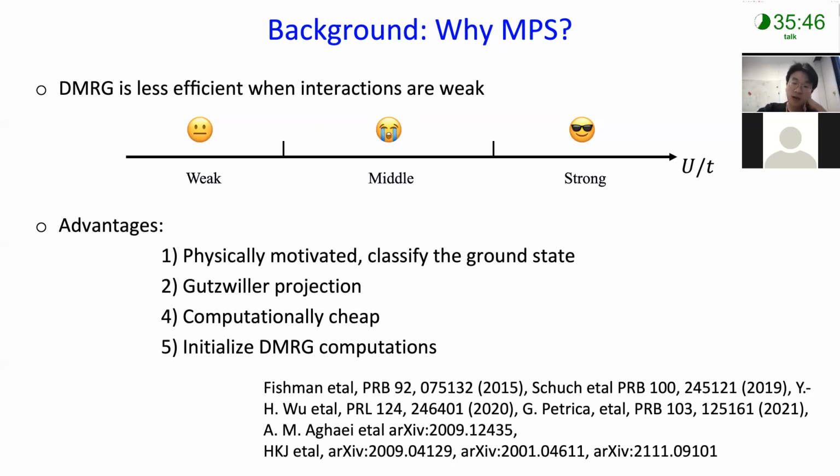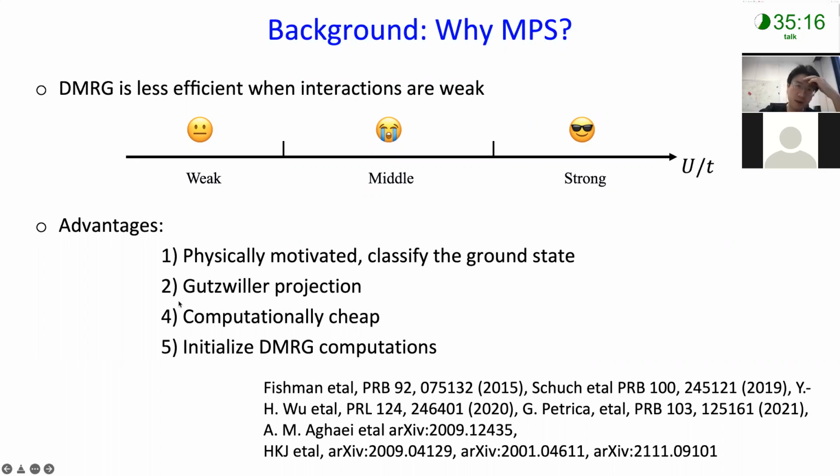And we also can go beyond the mean field theory by imposing Gutzwiller projection to study the fluctuation upon the mean field theory. For example, for high Tc, it is just a gauge theory, so people can consider the fluctuation around some saddle point solutions.